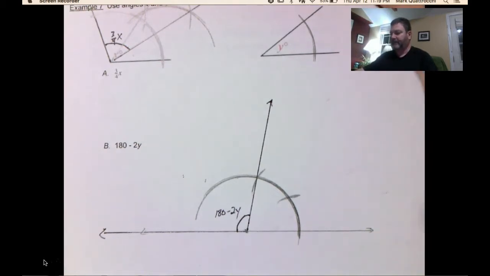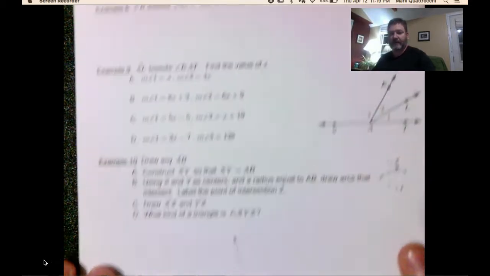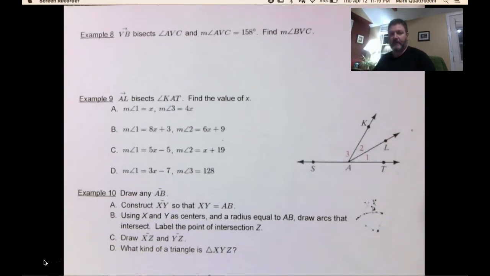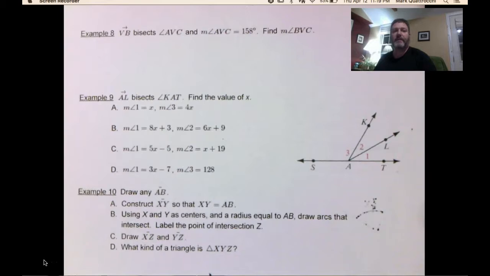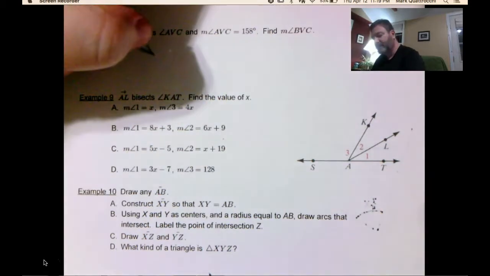That's example 7. Example 8. Ray VB bisects angle AVC, and the measure of angle AVC is 158 degrees. Find the measure of angle BVC. I'm going to do a quick sketch.